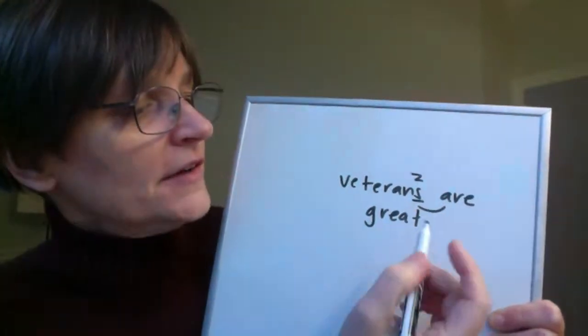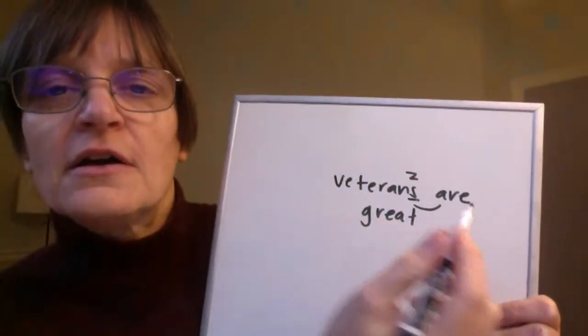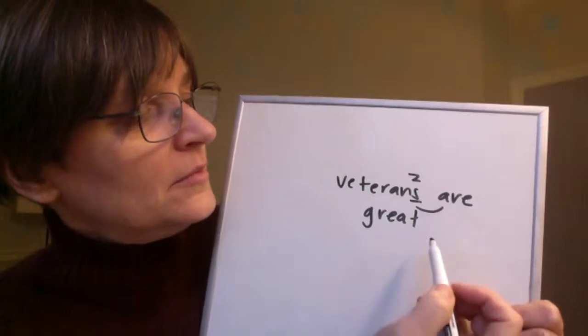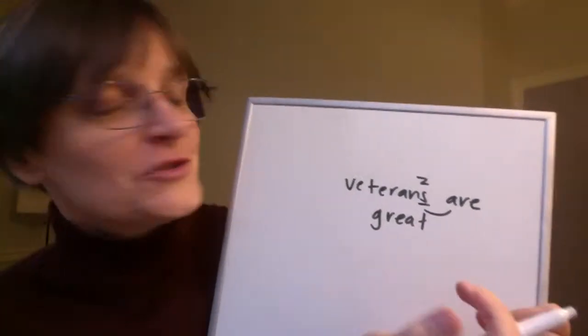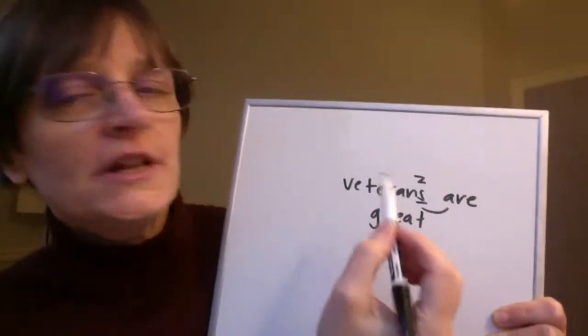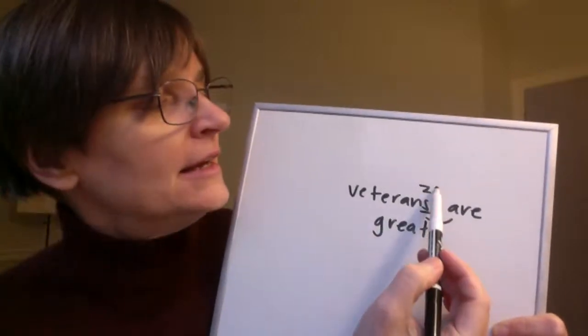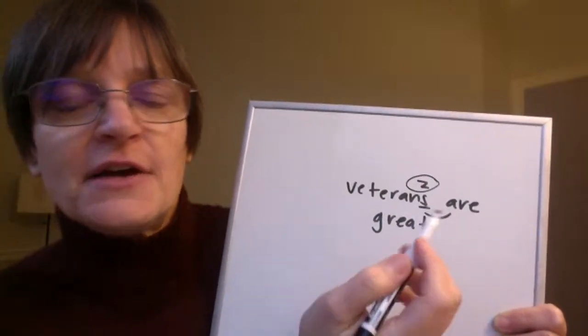It sounds like an error. If I say veterans are with a Z, that's where my voicing needs to be there so that it's not noticeable as an error. Fortunately, for most people, when they do the linking, they tend to use more of a Z sound.